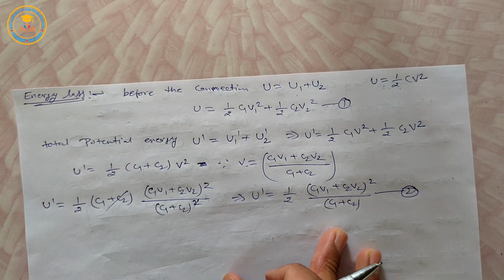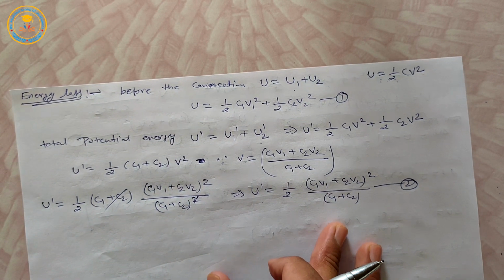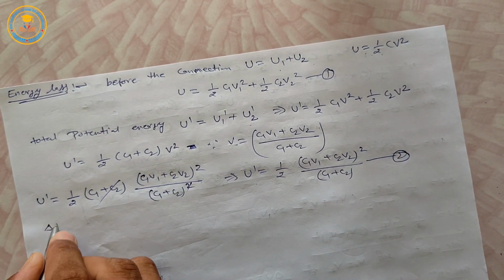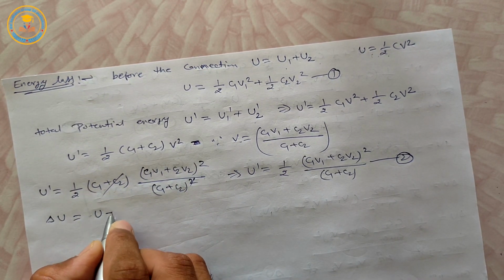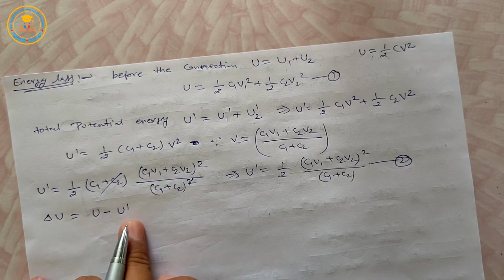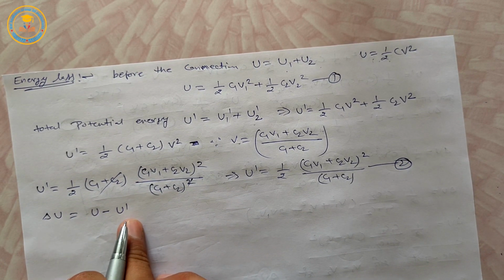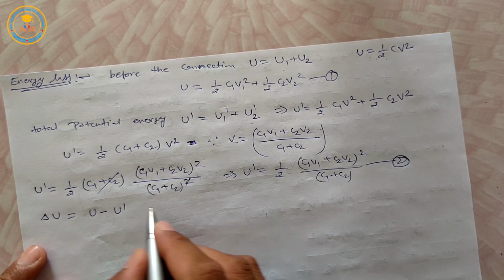Now the energy loss, represented by del U, is equal to high energy minus low energy, which means U minus U dash. Put the values of U and U dash in this equation.